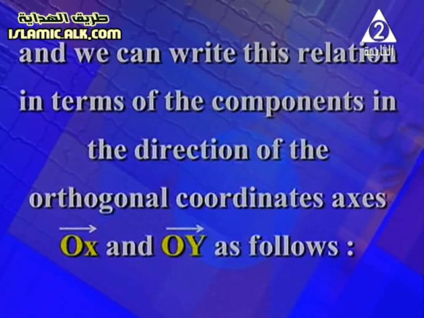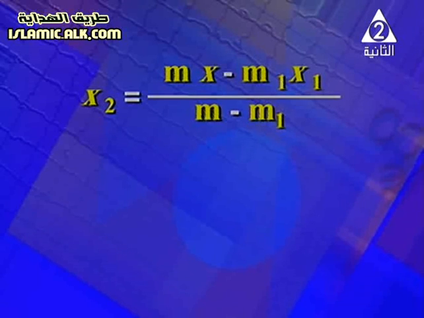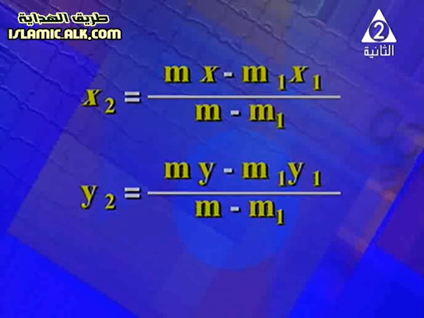And we can write this relation in terms of components in the direction of the orthogonal coordinate axes OX and OY as follows, using x2 and y2. x2 equals (m x minus m1 x1) over (m minus m1). y2 equals (m y minus m1 y1) over (m minus m1).